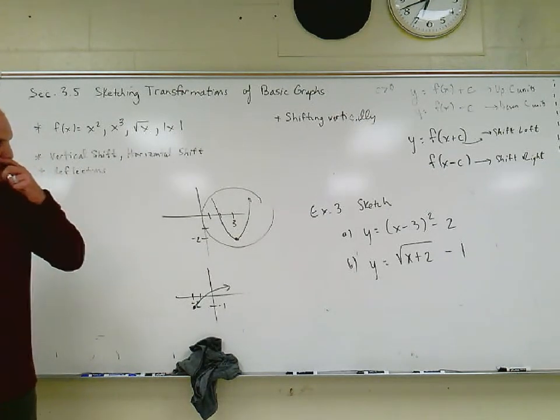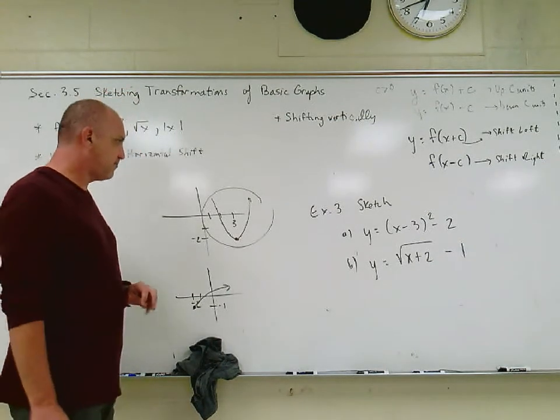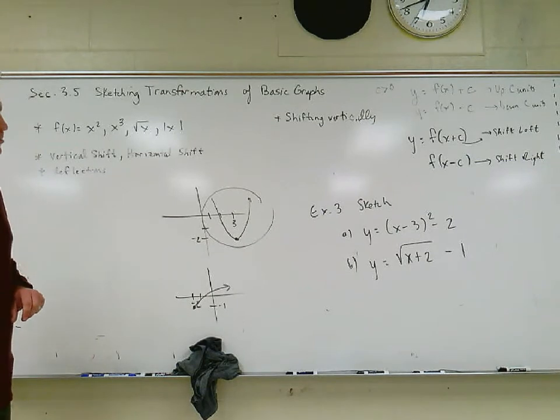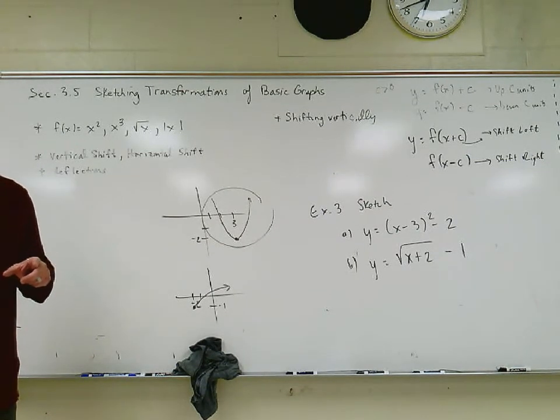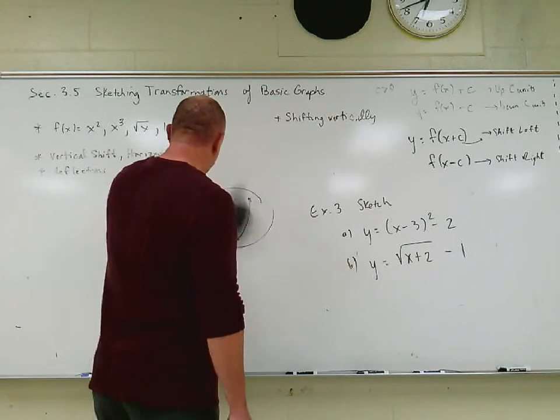Okay. Now, let me ask you a question. What if I just gave you a graph? So I need to erase here in a second. So can I erase? Have we got it? Okay. What if I just gave you a graph? So let's just say I made up this graph.